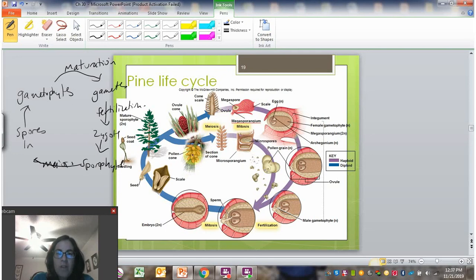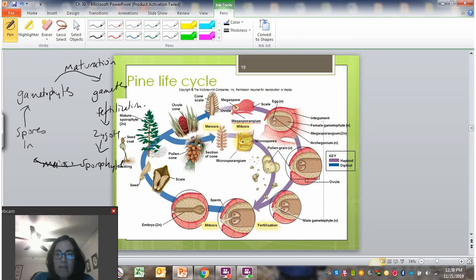So in the pollen cone, it's going to carry out meiosis. Within that structure, there are microsporangia that are going to make these microspores through meiosis. So here we have the microsporangia with microspores inside of it that were made by meiosis.